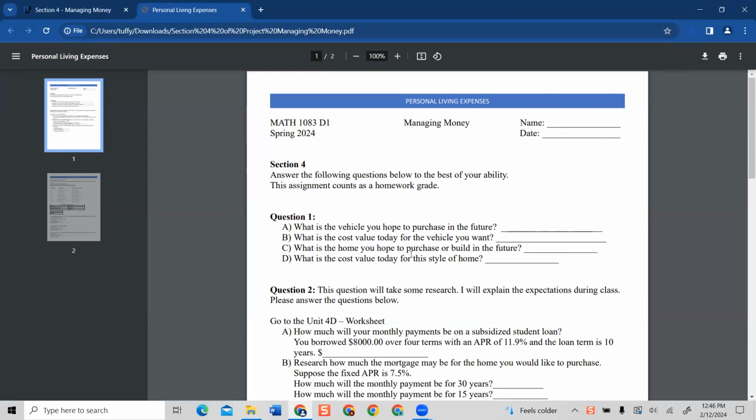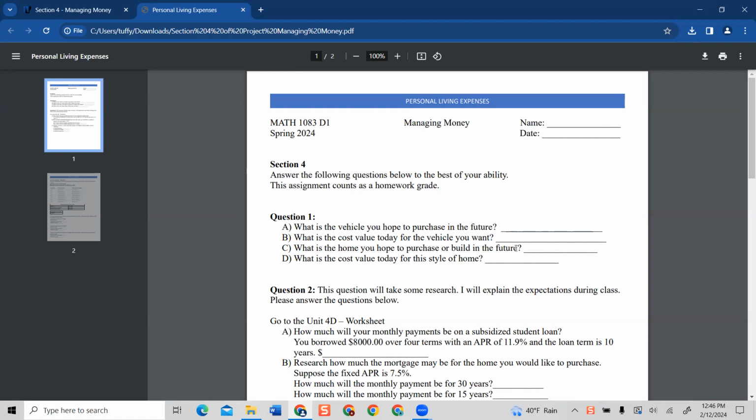What is the home you hope to purchase or build in the future? I know some homes have a name, so be as specific as you can. You want a 1-story, above ground or underground, how many rooms, 5 rooms, 8, and like I said, some have names like Victorian houses, doll houses, whatever.